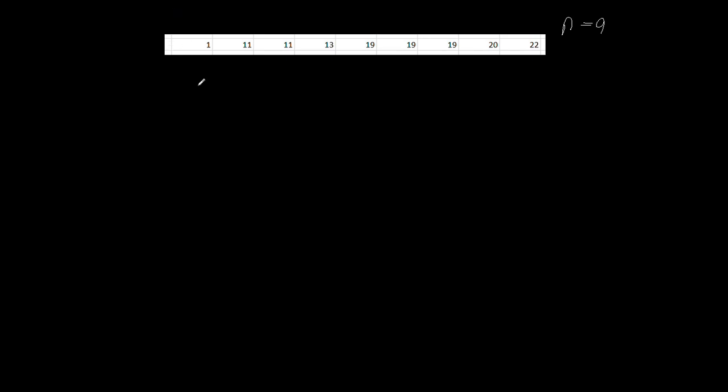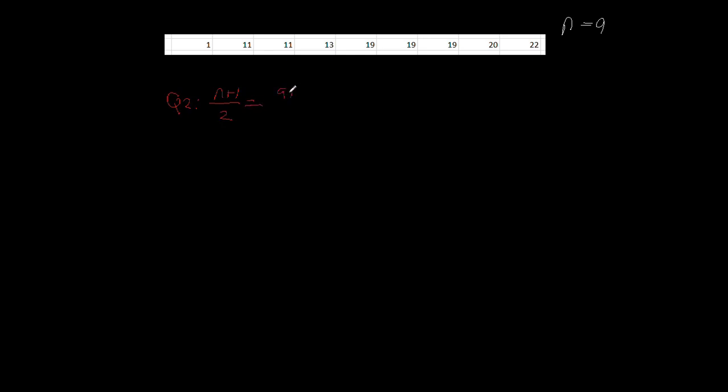Let's do Q2 first. Q2 is going to be equal to (n+1)/2, because we want to go halfway along the data set.